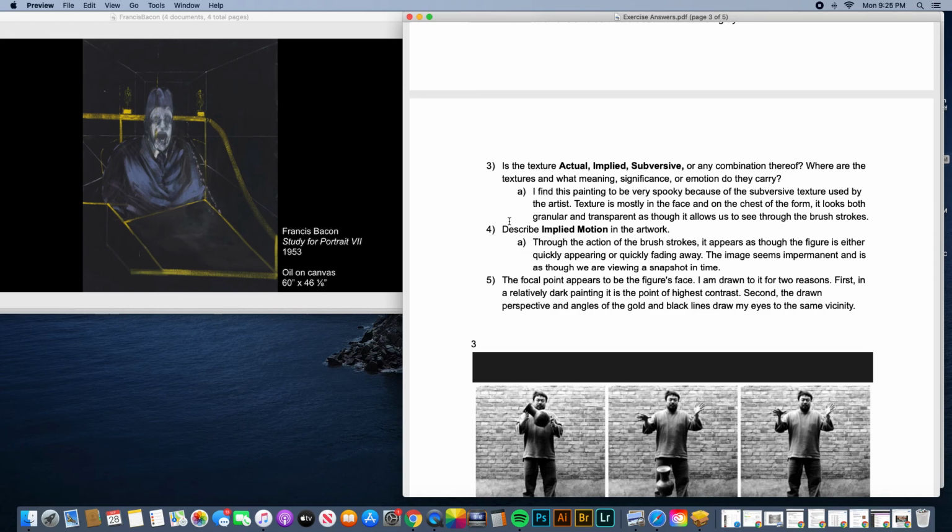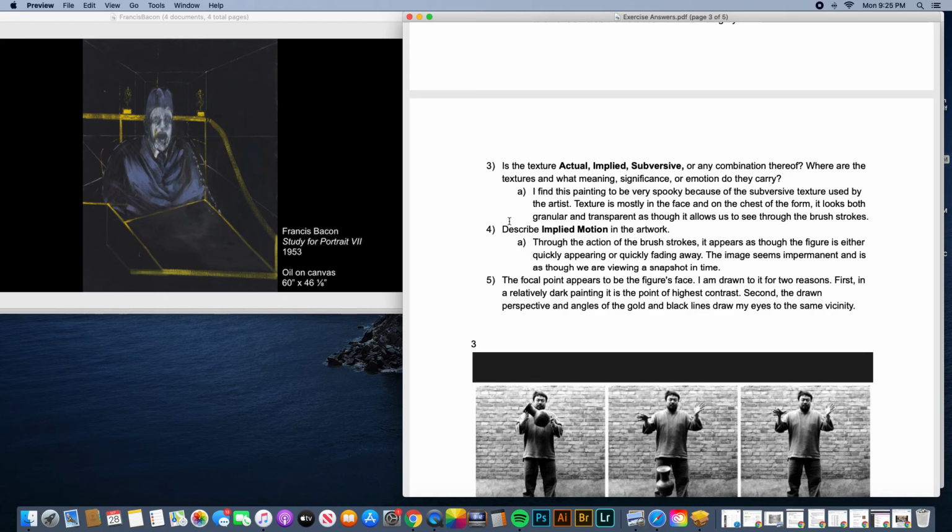Implied texture is the depiction of texture. So if I were to touch the canvas with my fingers, I wouldn't feel any texture. The texture on the canvas is in fact implied.